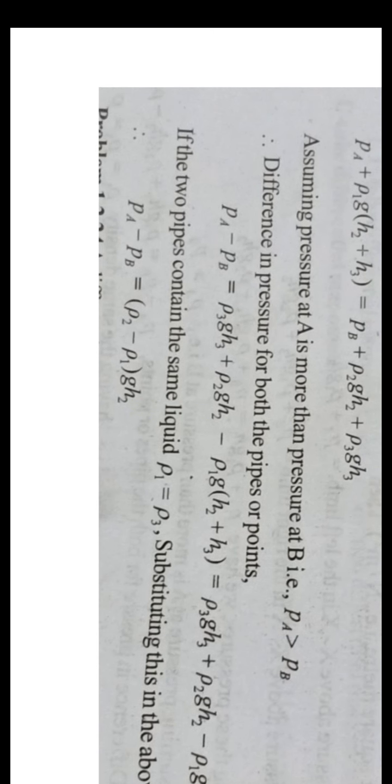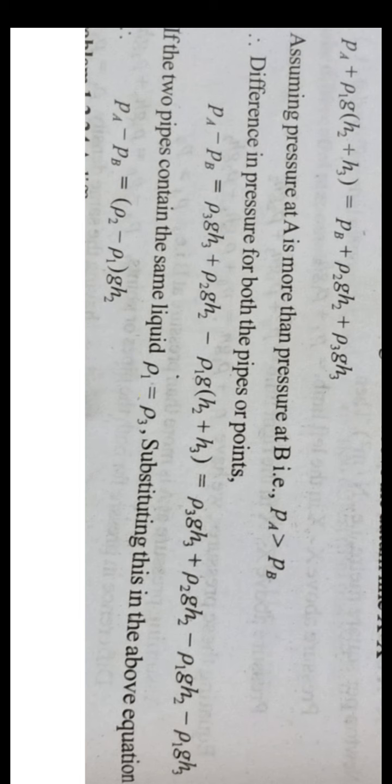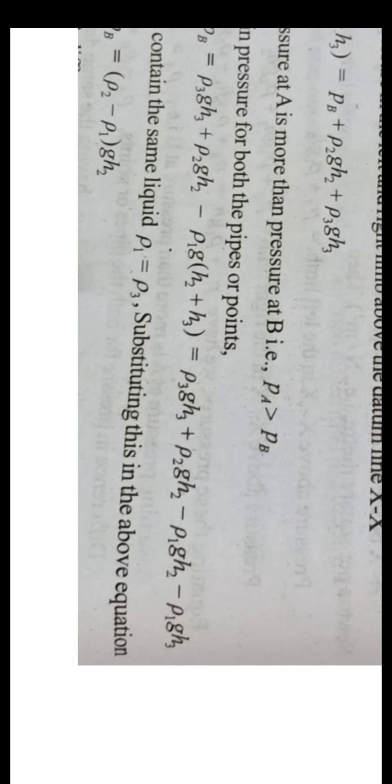The difference in pressure: PA minus PB, bringing PB to the left side of the equal sign, is rho 3 GH3 plus rho 2 GH2 minus rho 1 G into (H2 plus H3), that is rho 3 GH3 plus rho 2 GH2 minus rho 1 GH2 minus rho 1 GH3.